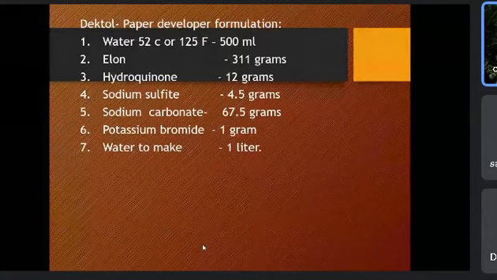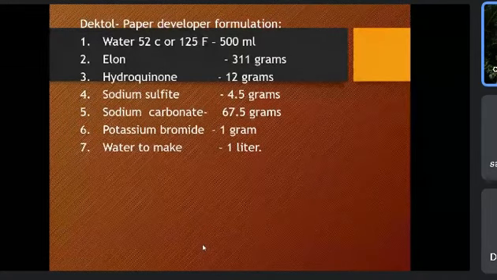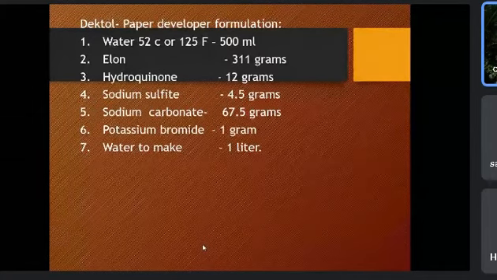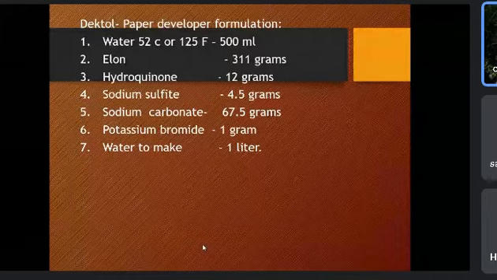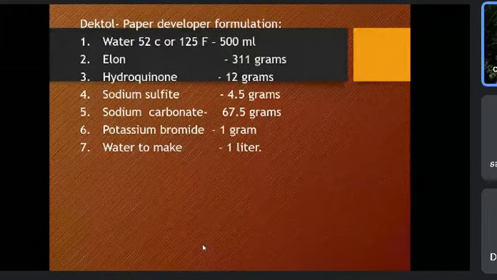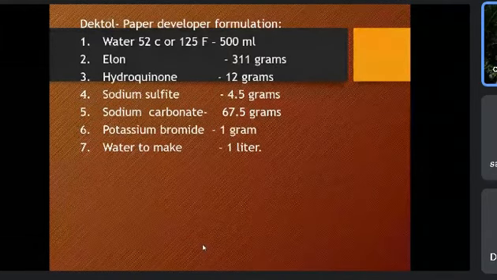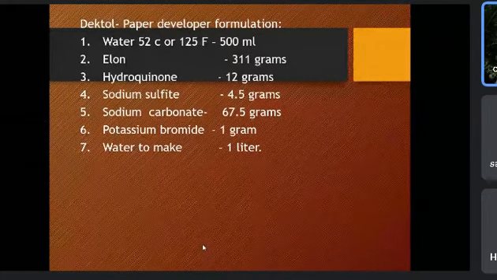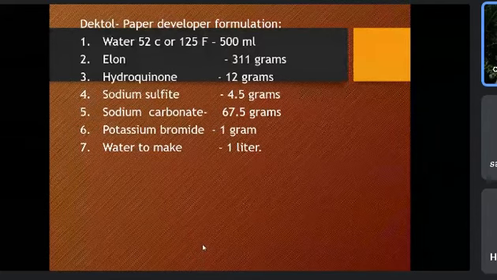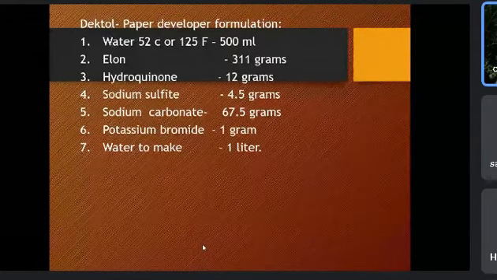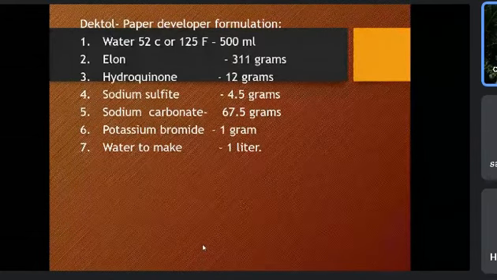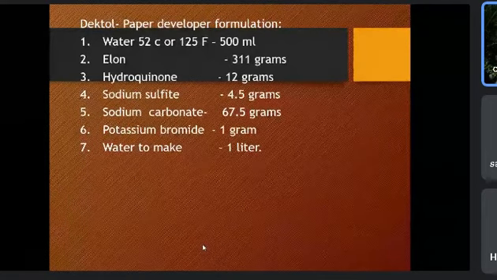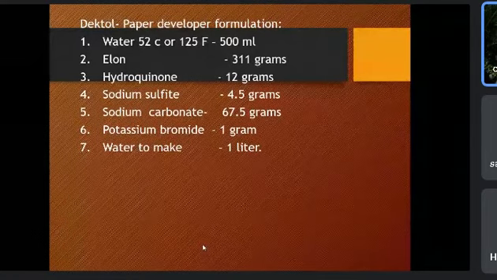So we have 1 liter of water, potassium bromide 1 gram, sodium carbonate 67.5 grams, sodium sulfide is 4 grams, hydroquinone is 12 grams, elon is 311 grams, and water, and we have the 5 ml, wherein it should reach 52 degrees Celsius, conducted in the darkroom.